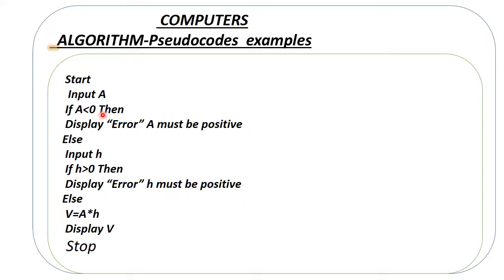So maybe there are some people who still don't understand how A less than 0 gives a mistake. A less than 0 implies that the number is negative. All numbers that are less than 0 are negatives. So when it comes to area or length, we can't have a negative length.